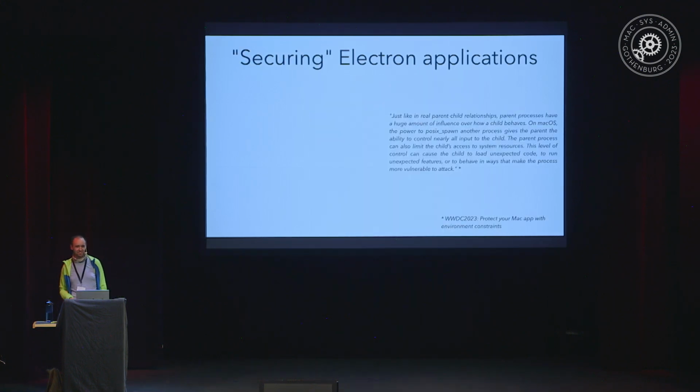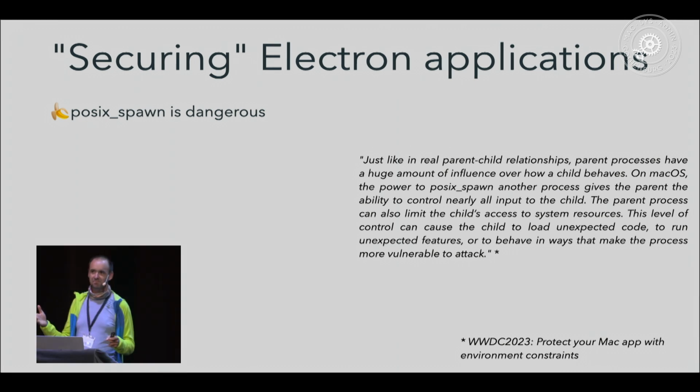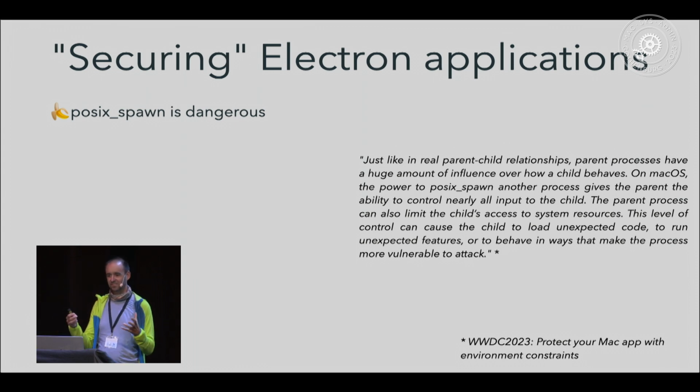Securing Electron applications. Again, the same extract from the talk. They tell how POSIX spawn is bad because you can impact much of the environment the child process is launched with. Typically, if you want to exploit an application when you launch it, the most dangerous items are environment variables and command line arguments.